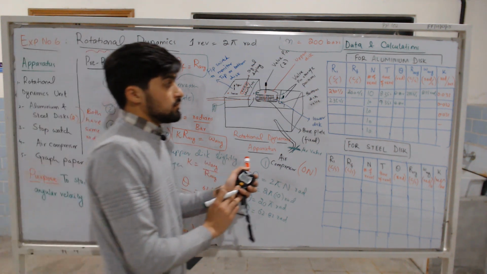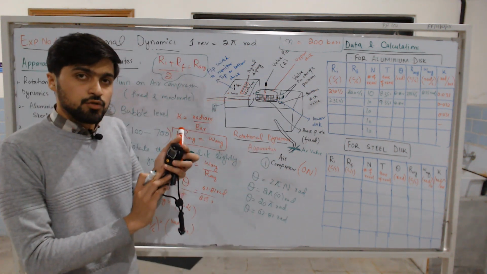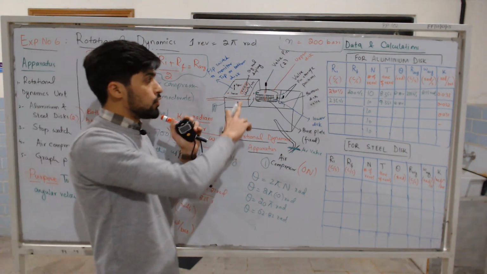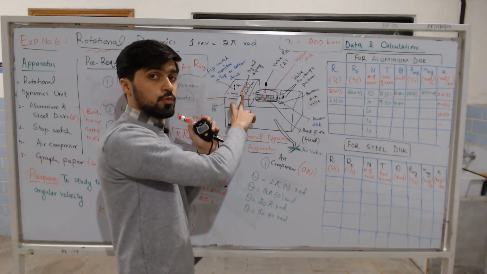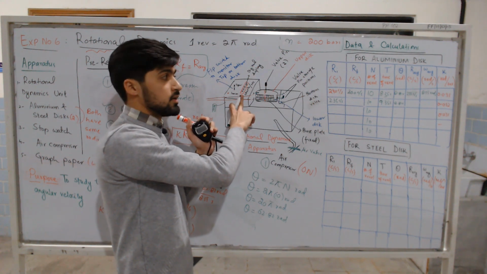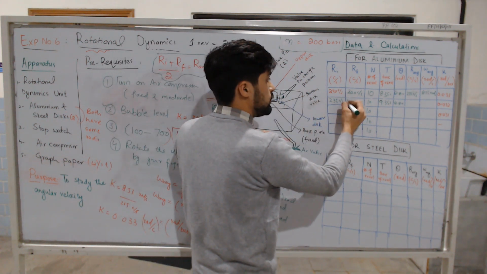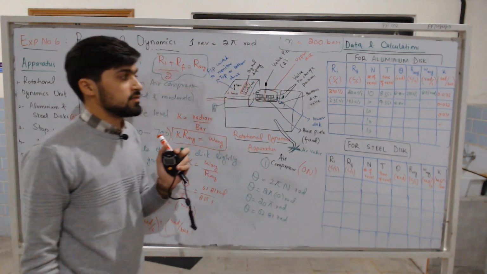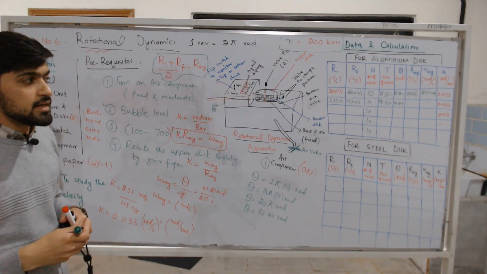When you stop the timer, you note the value of the display screen. Let's say this gives a value of 193 counts per second.